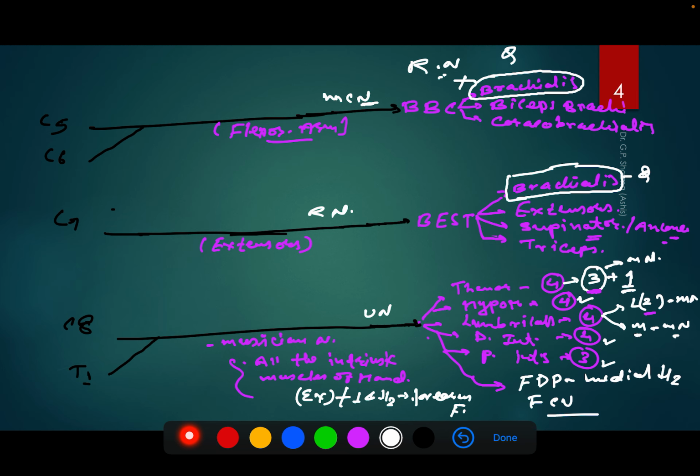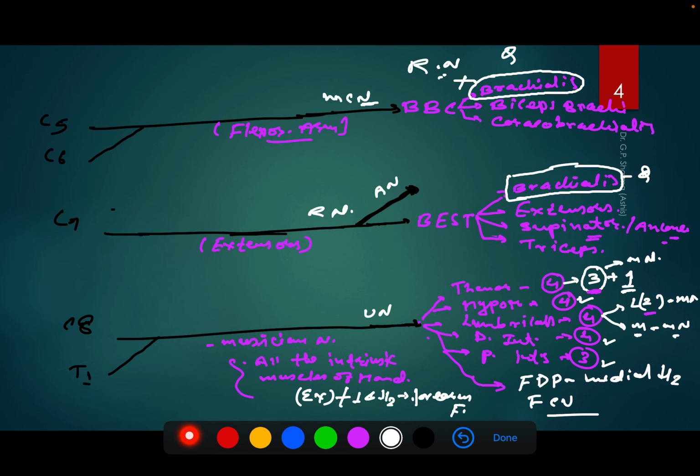Now 2 nerves remain here: my median nerve, and the other one is the axillary nerve. So let's see the axillary nerve. We had the axillary nerve over here. That was our axillary nerve, right? The root value, if you remember, is C5 and C6. We said one rule, the segmental innervation.